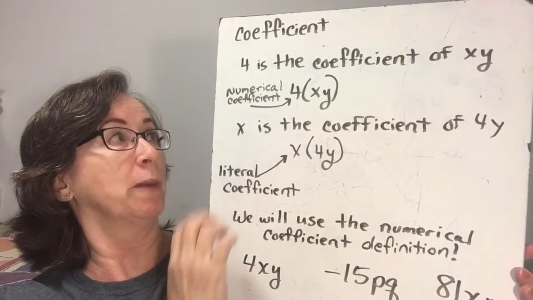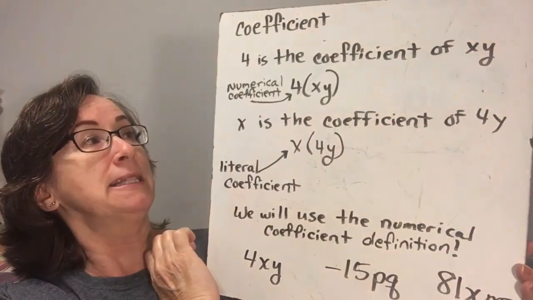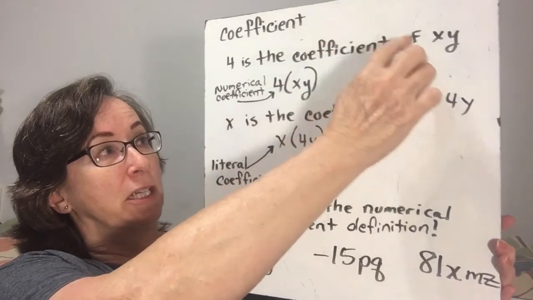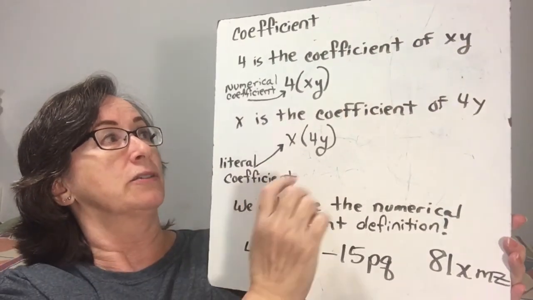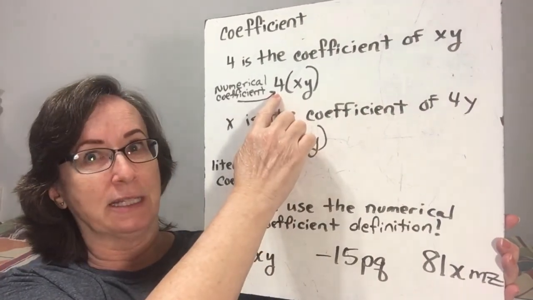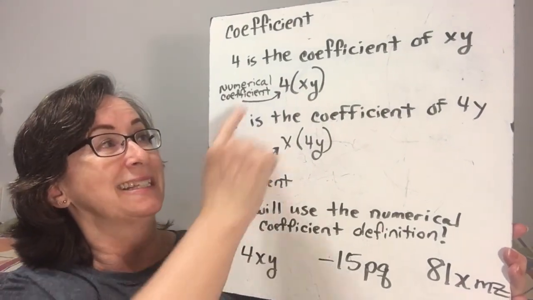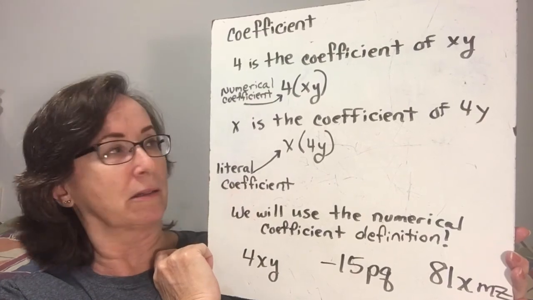So we call it a numerical coefficient. So basically, 4 is the coefficient of xy. So 4 is in the front multiplied by xy. And since it's a number, we call it a numerical coefficient.